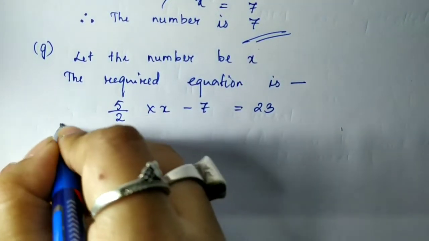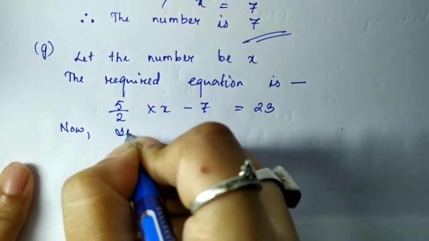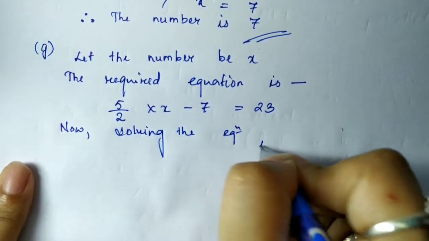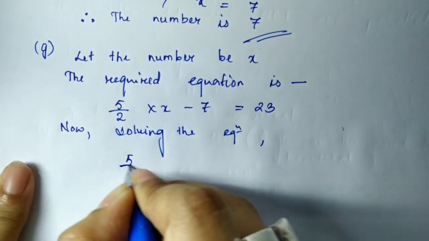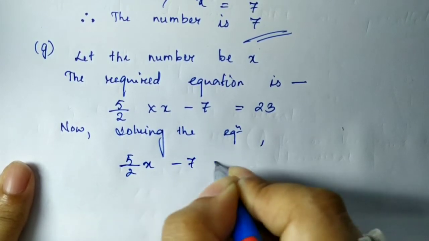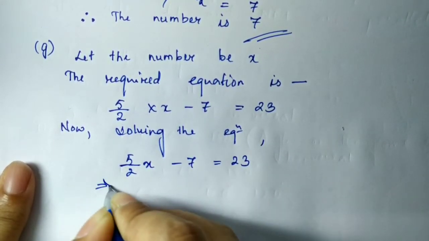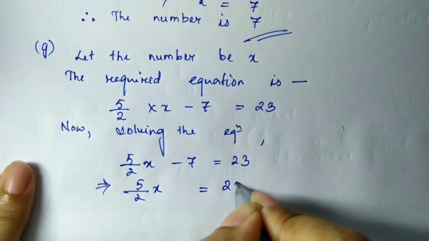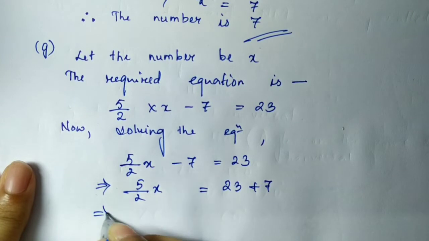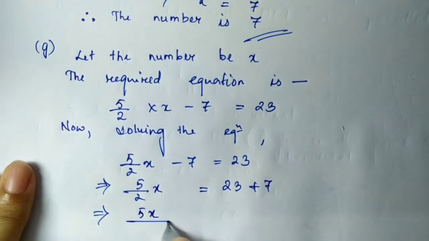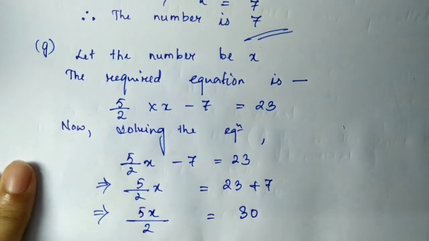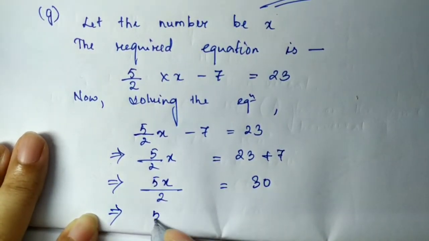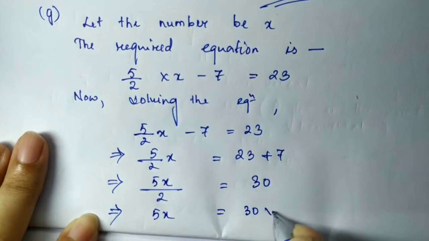Now I'll solve this one. Solving the equation, let's write down. It will be 5 by 2 x minus 7 is equal to 23. 5 by 2 into x. Okay, that 7 goes to the other side. This is equal to 5x by 2, and this side it's 30. Let's solve further. 5x equal to 30 into 2.